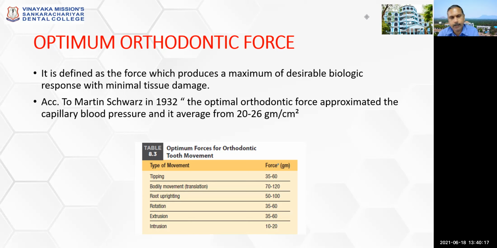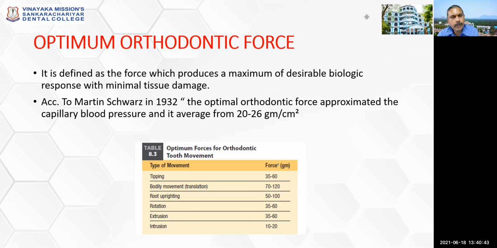Now for tipping. Tipping is a very simple tooth movement, produced, as I explained in the last slide, when a force is applied to the crown portion of the tooth. The crown moves a little from the point of application of force, and the root moves accordingly in the opposite direction.